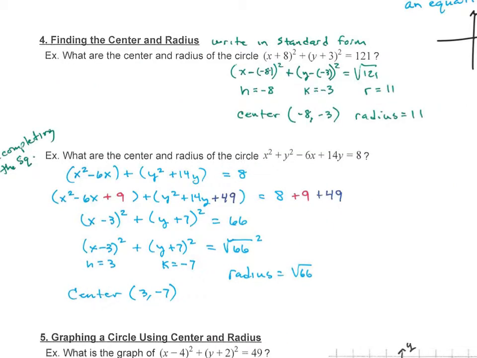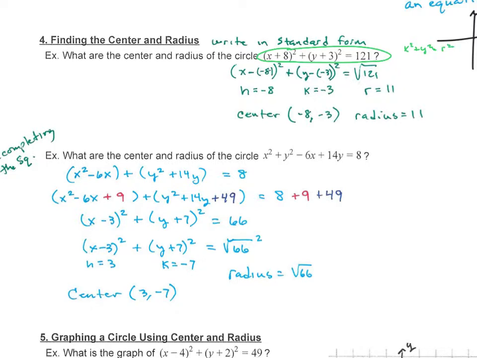As we continue here, finding the center and radius, it asks us, what is the center and radius of the circle with this given formula? I have x plus 8 squared plus y plus 3 squared equals 121. And I remember we have x squared plus y squared equals r squared.